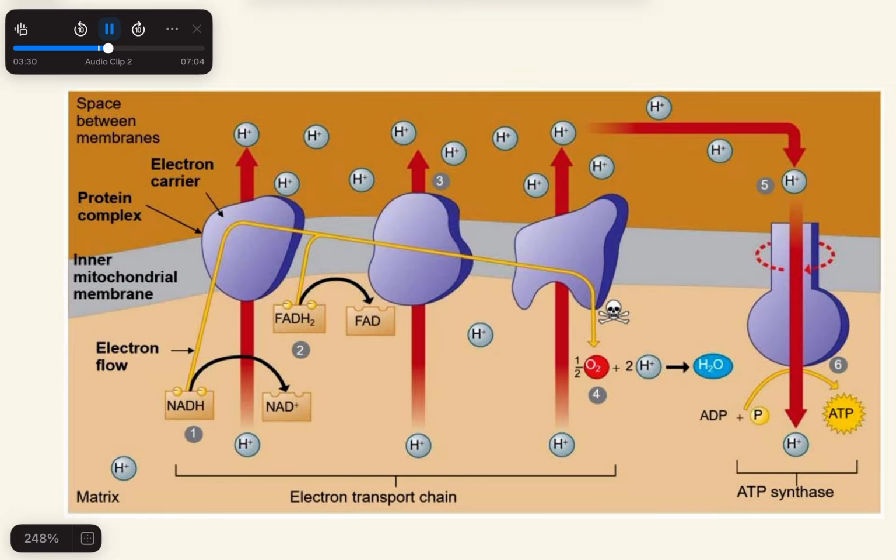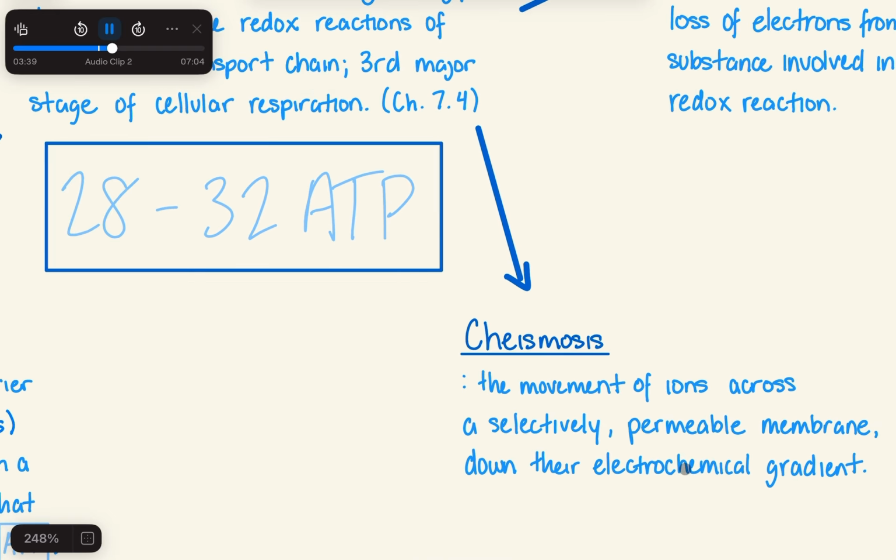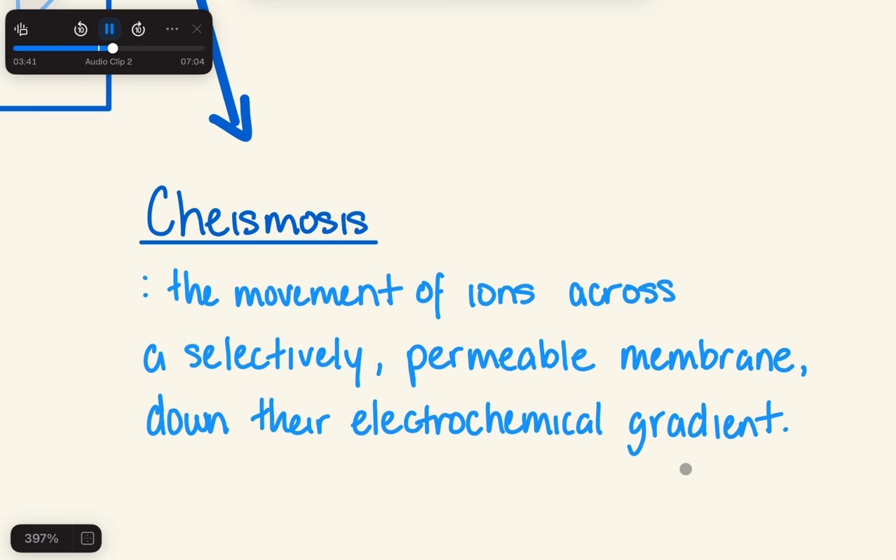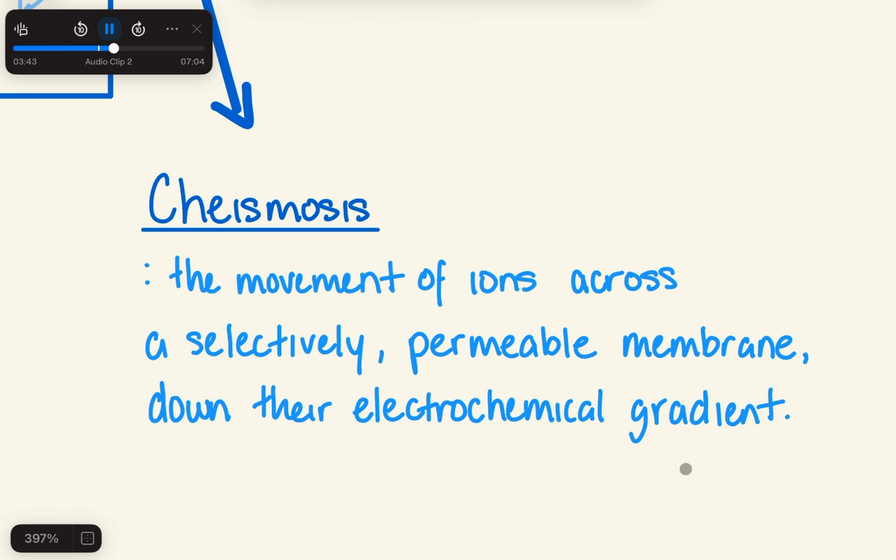While the electrons are being passed down and shuttled, they are creating a flow, and that flow will ultimately help the process of osmosis. It is the movement of ions across a selectively permeable membrane down their electrochemical gradient.